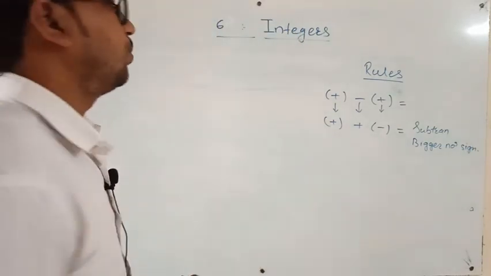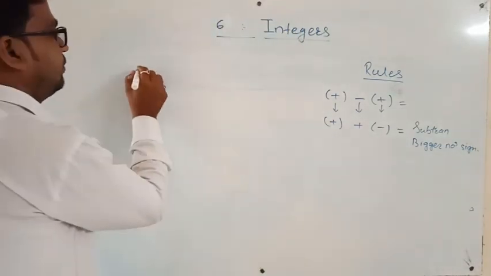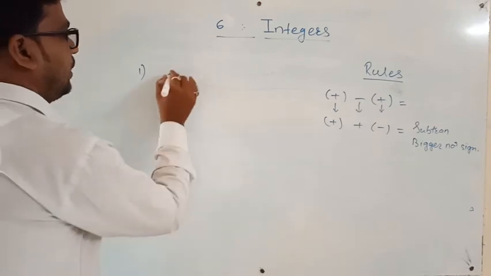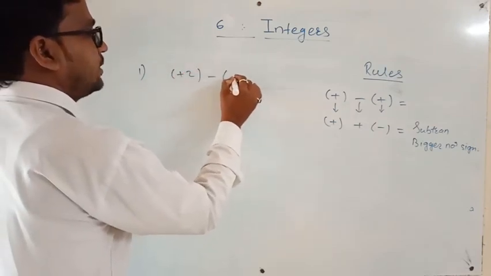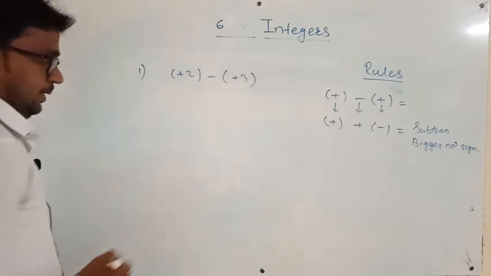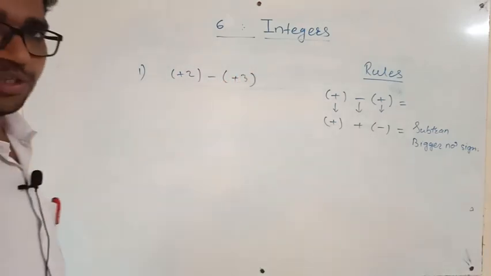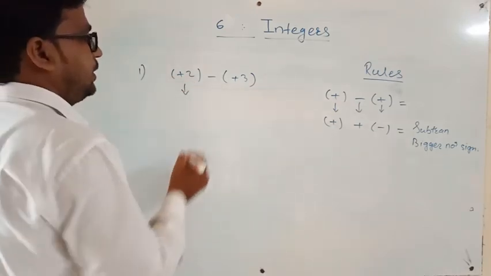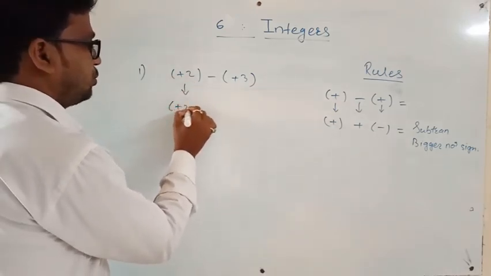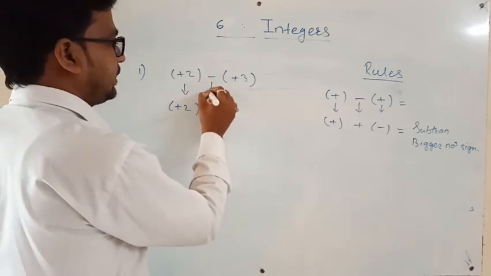So first example we will take here. Suppose the numbers are positive 2 minus positive 3. Then keep this number as it is, positive 2. Now change the sign of this.